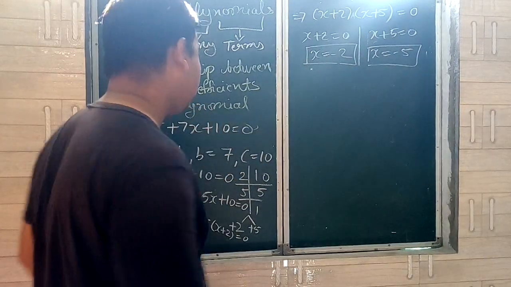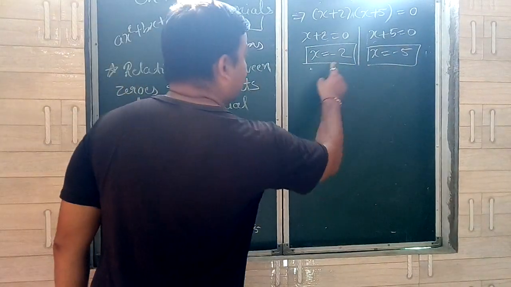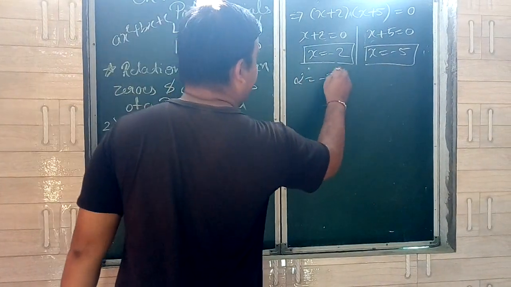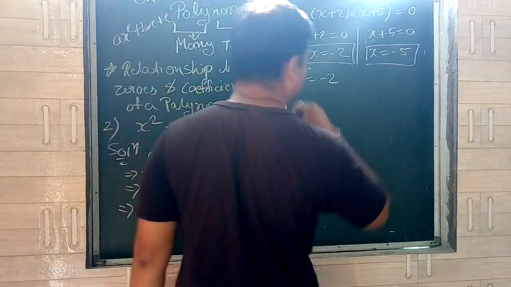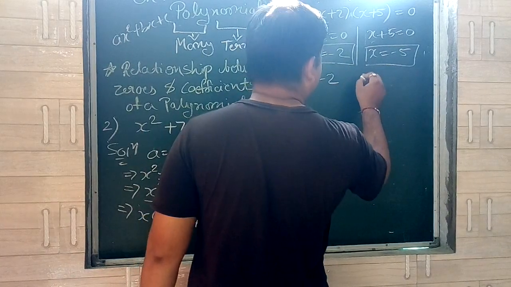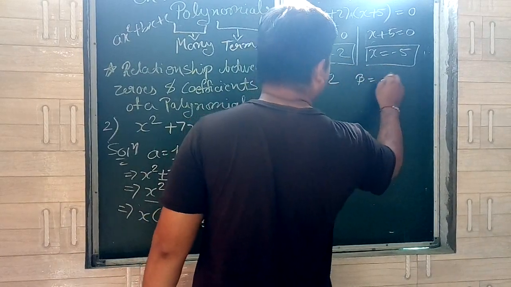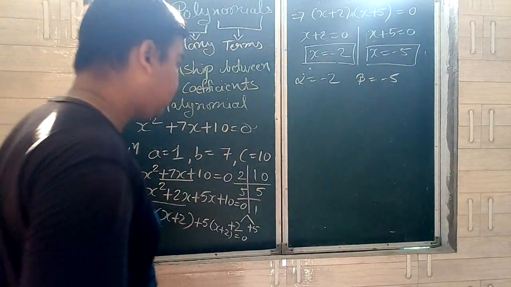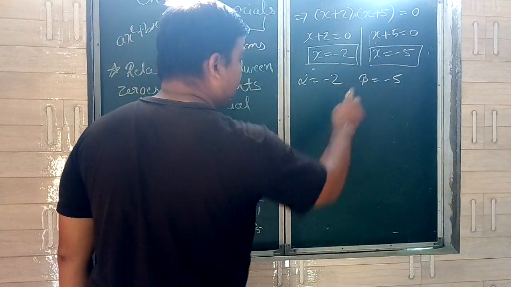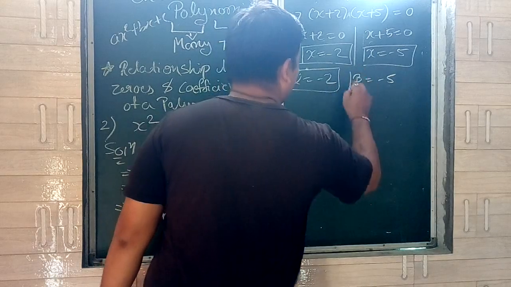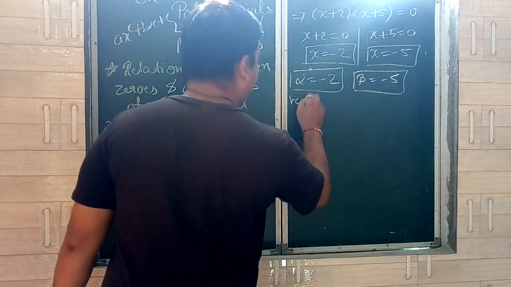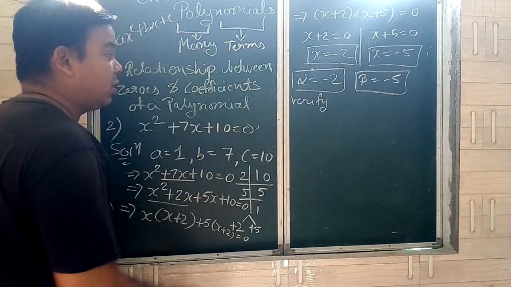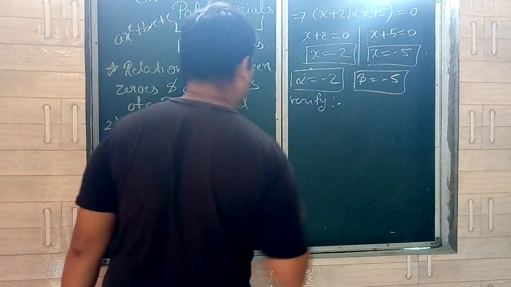So the two zeros we got are minus 2 and minus 5, which means alpha is minus 2 and beta is minus 5. Now we verify whether our solution is correct or wrong.